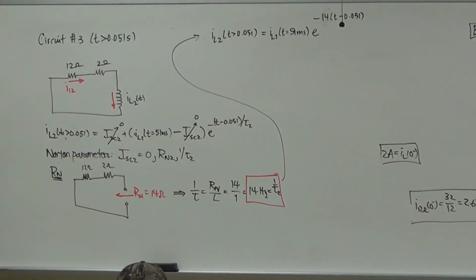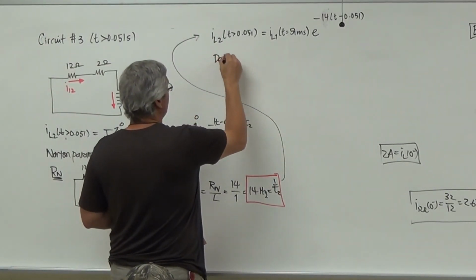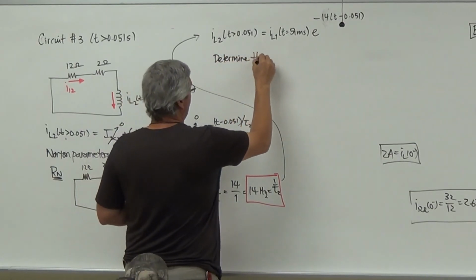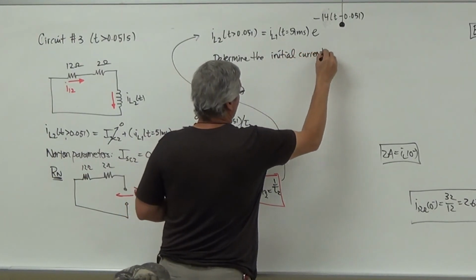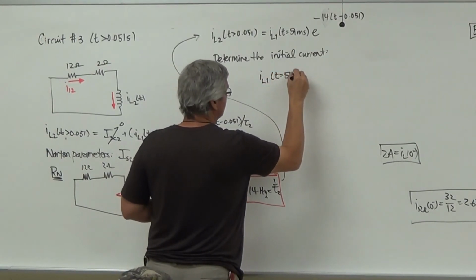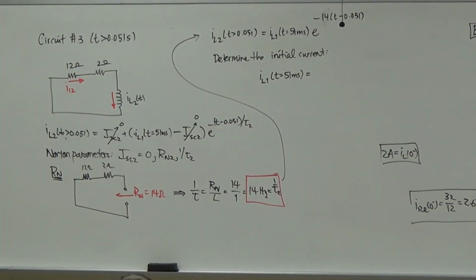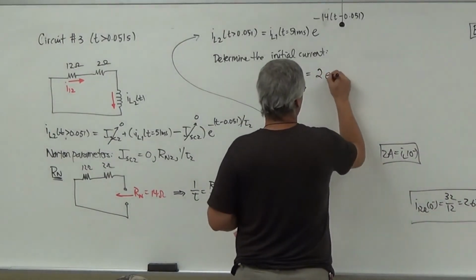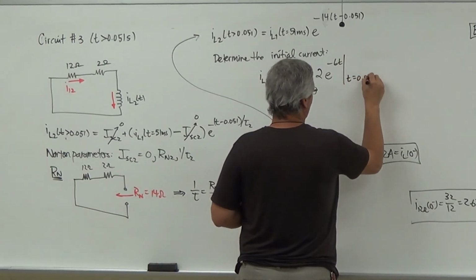So what I have to do next is calculate this numerically. So now we want to determine the initial current. That's IL1 at t equals 51 milliseconds. So I go to the previous current, which is this one right here, and that's going to be 2 e to the minus 6t, where t is 0.051.